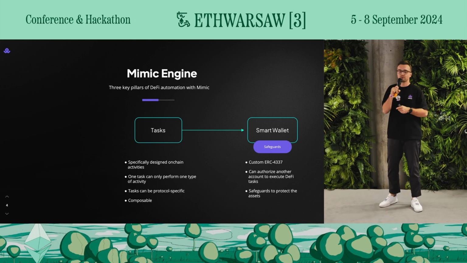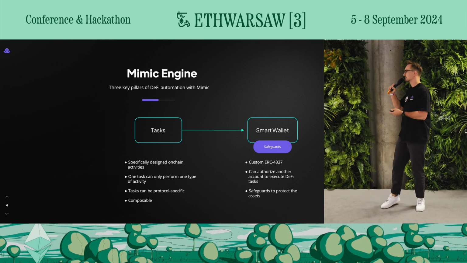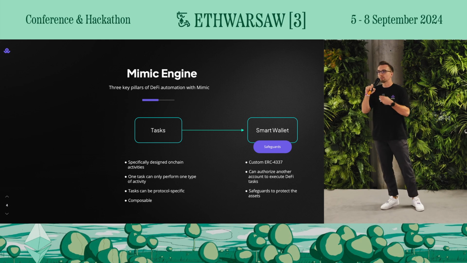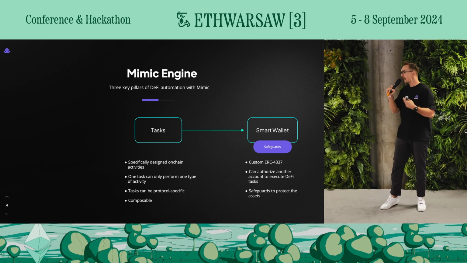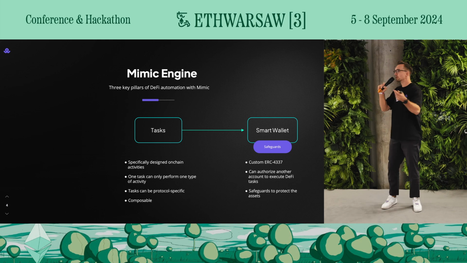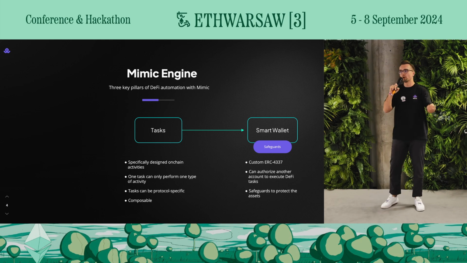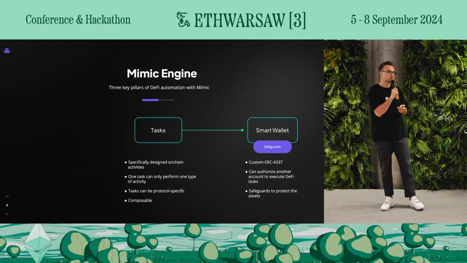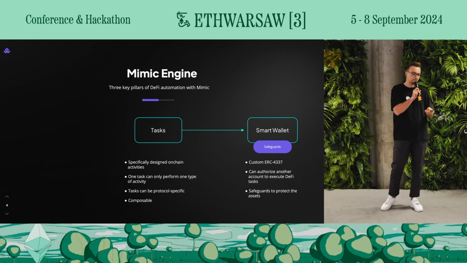You also have safeguards to protect the assets. We can limit what sort of tasks can be performed on this account. We can decide, for example, that no one is able to withdraw money from this account. So if you authorize a third party to perform activities on your account, you can limit them.